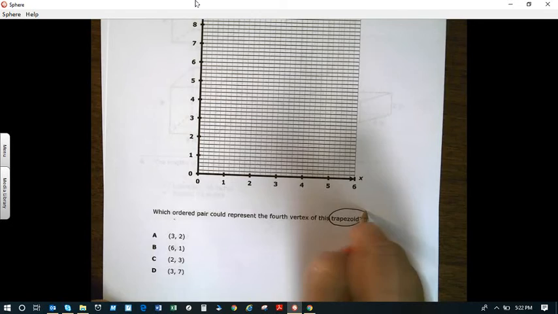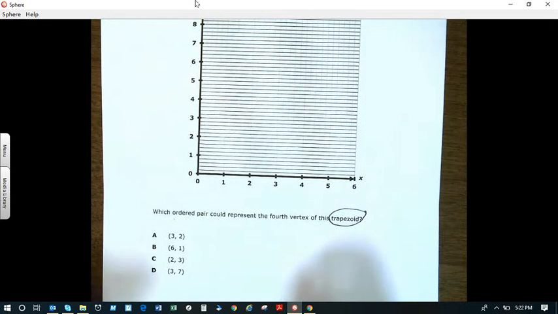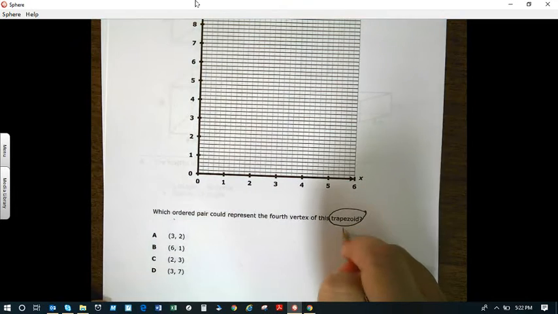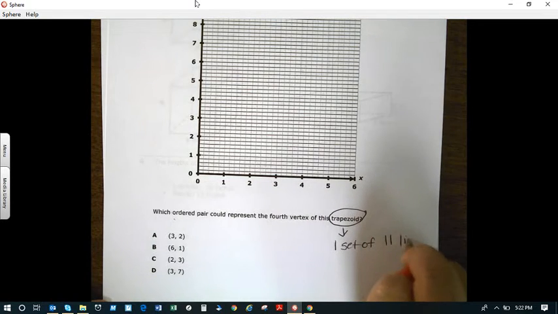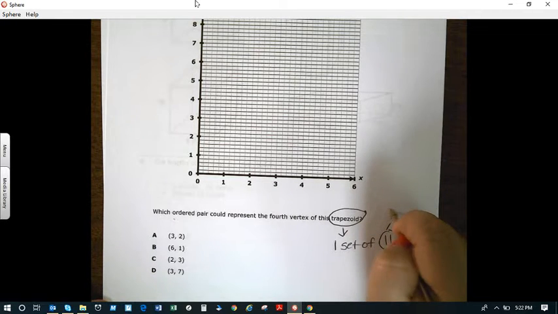Okay, so we're going to find the shape of a trapezoid. A trapezoid has only one set of parallel lines. Again, remember when it's like this, railroad tracks, parallel. All right?